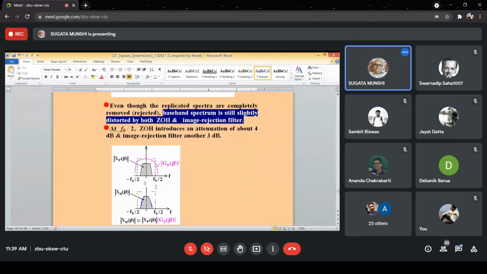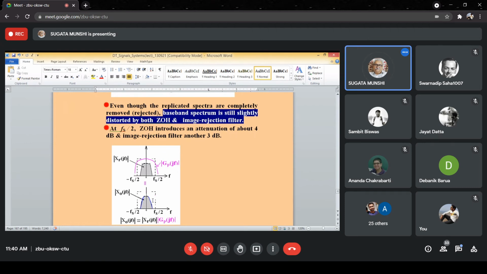All right, so I have tried to illustrate. This was the attenuated baseband spectrum, magnitude of X0 jf. See that the head is curved, not flat. So at the output of the post low pass filter following the DAC, it will remain almost the same.